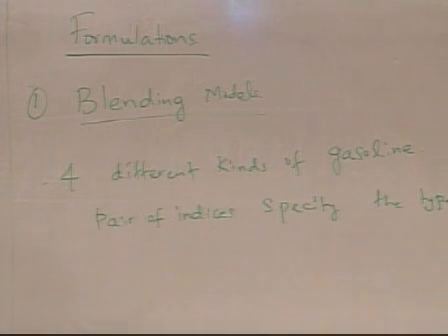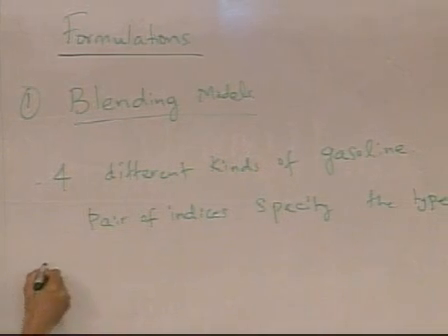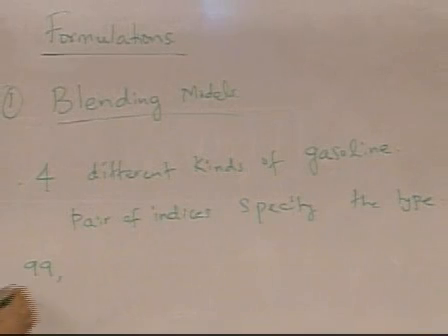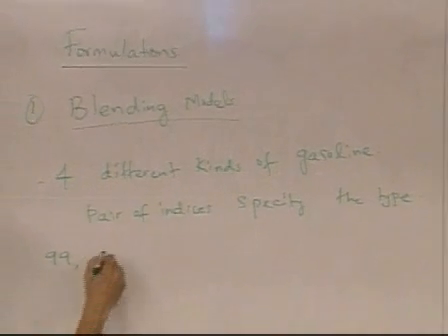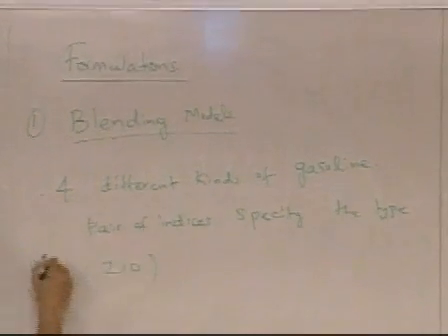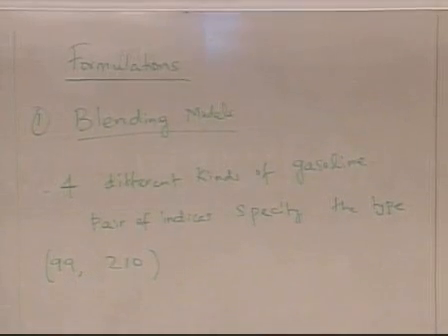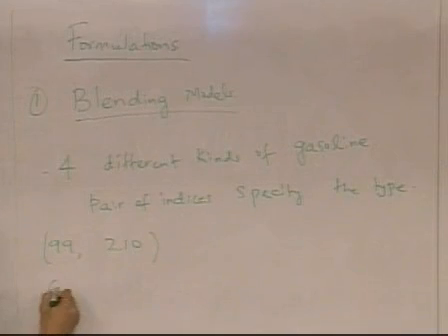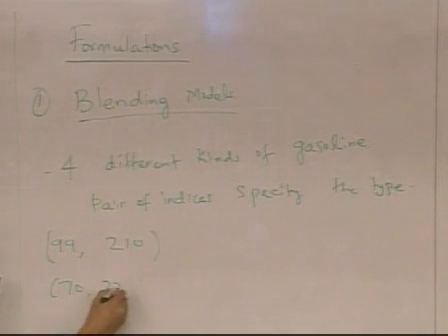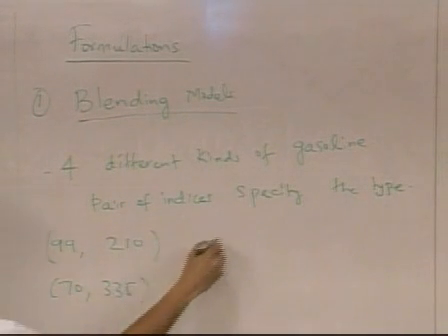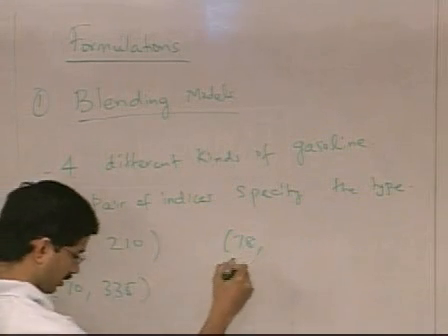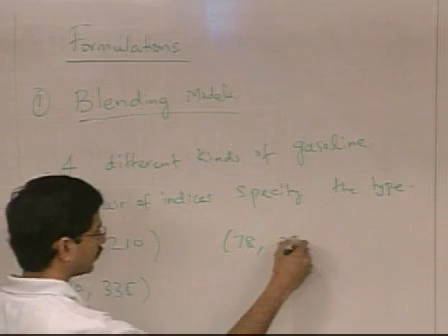So for instance, you could have 99 and 210. So that's a certain kind of gasoline. You could have 70 and 335. You could have 78 and 280.